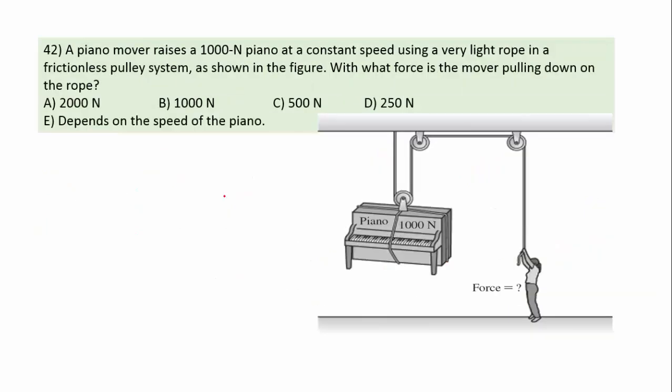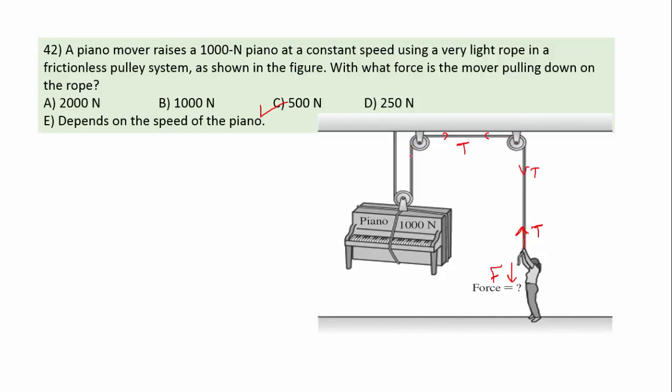The answer to question number 42 is C. Here we need to find the force by which the mover is pulling down on the rope. This force is equal to the tension on this rope, which is equal to this tension as well, because they are all representing the same rope wrapped around a frictionless massless pulley.